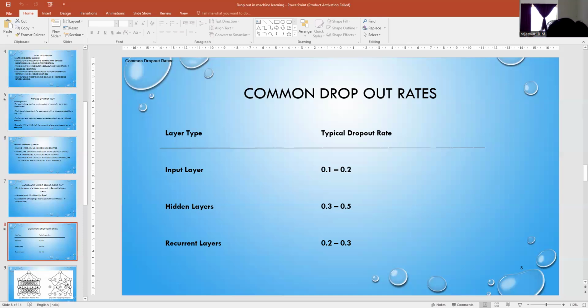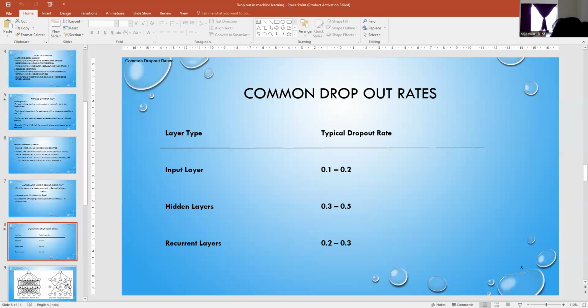Once again, I repeat that dropout is a regularization technique used to prevent overfitting in deep learning models, especially in neural networks. It was introduced by Srivastava along with Geoffrey Hinton, and it is widely used to improve the performance and generalization of neural networks.